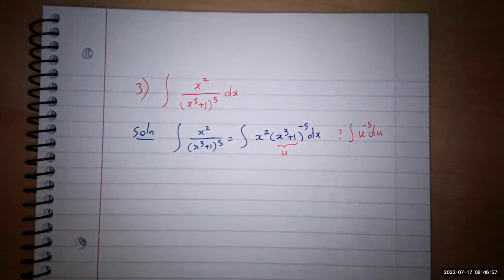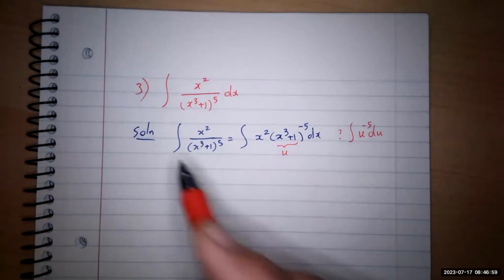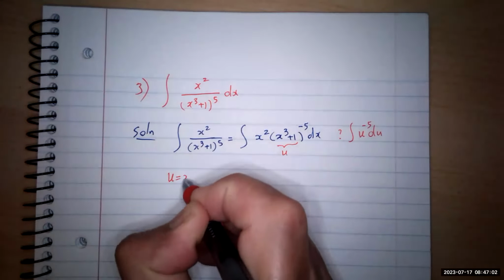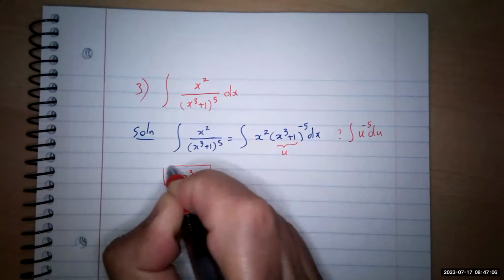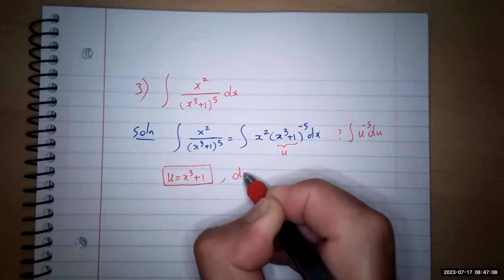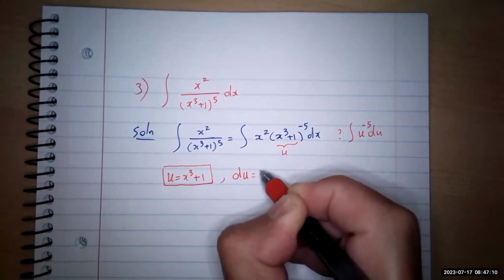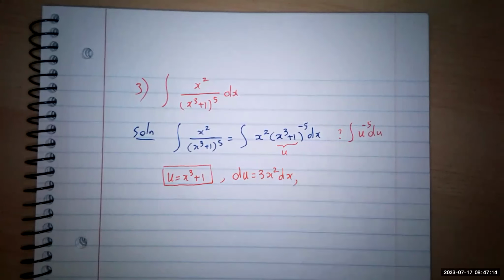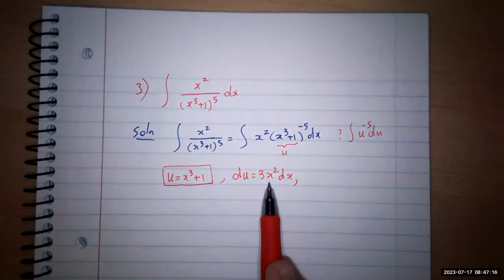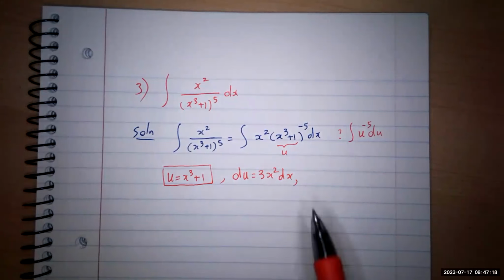Now let's work on this one as usual. Let's repeat it. So inside would be u, we have to find the du. So the du would be the derivative, 3x squared times the dx. And we have to find the dx. You see, you divide by the leftover 3x squared.